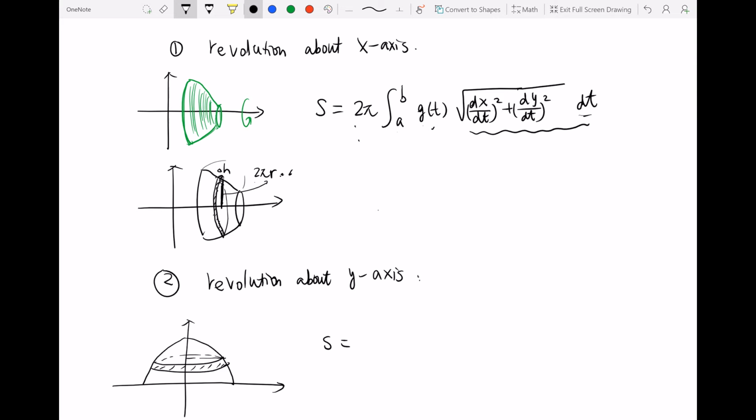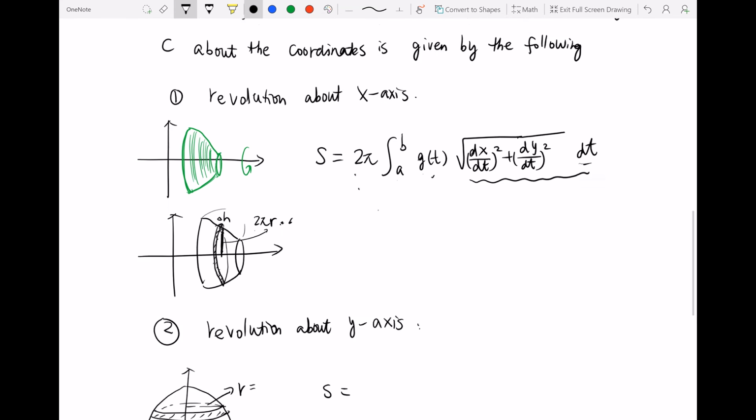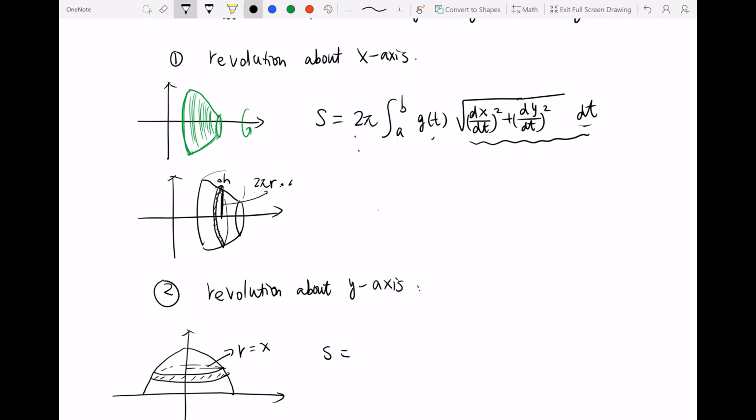So r in this case is the x values. We're given x equals f(t), so 2 pi r is 2 pi x.